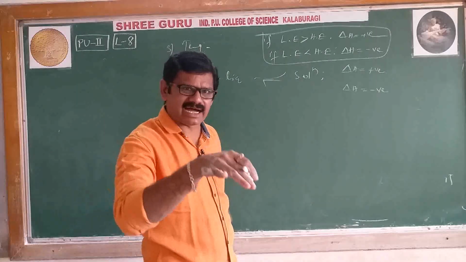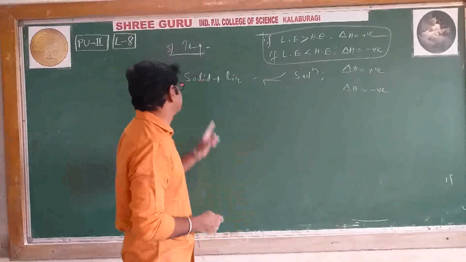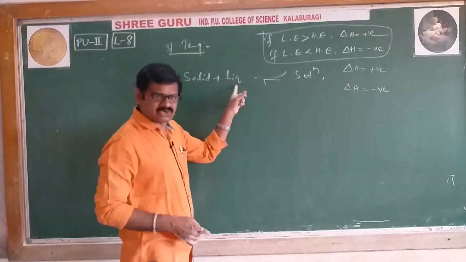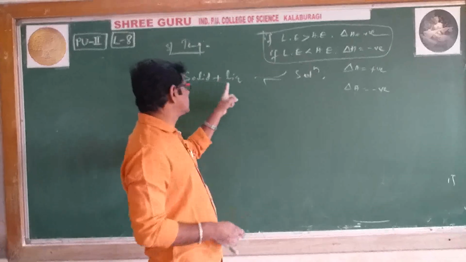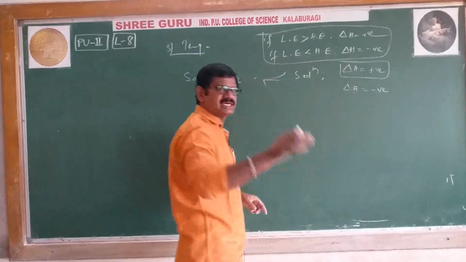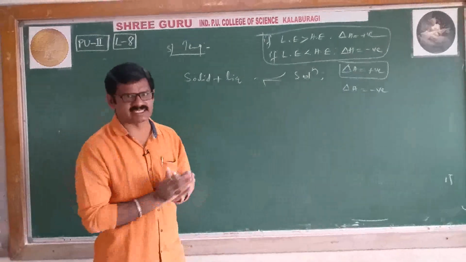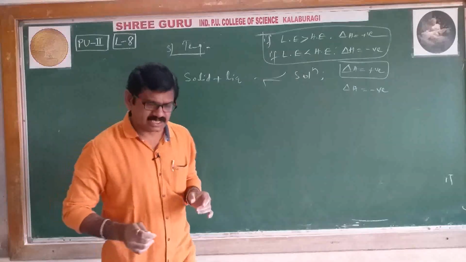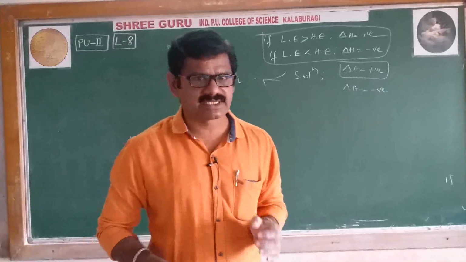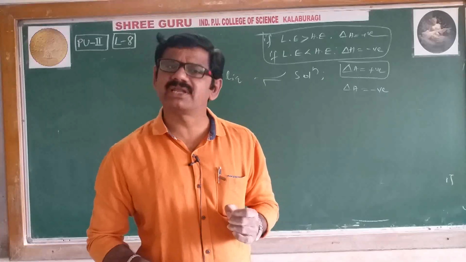It depends on the solute as well as the solvent. Suppose when a solid dissolves in a liquid and we get a solution, the amount of energy is absorbed. If it is an endothermic process, just imagine, again we have to go back to our first year equilibrium topic, that is, we have to recall Le Chatelier's principle.